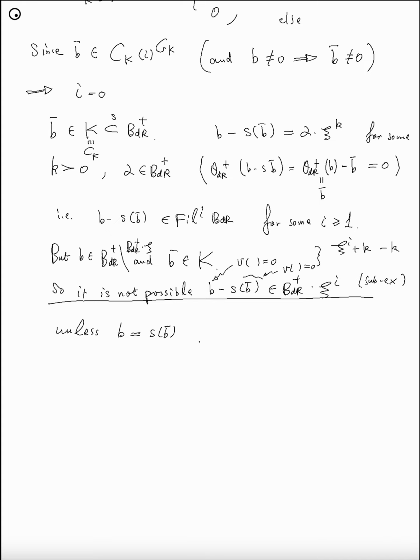The problem is that B under the map theta Durand plus from B Durand plus to CP maps exactly to B bar, because B bar is B quotient by field 1.